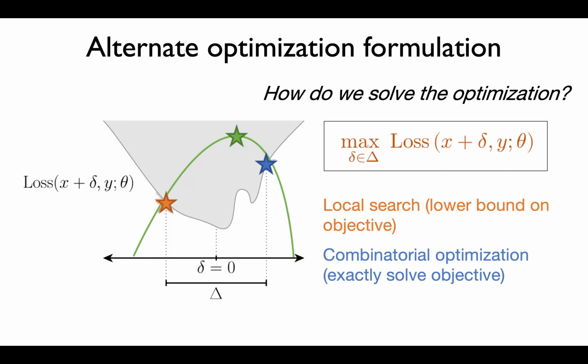The other approach is combinatorial optimization. This will exactly solve the objective, but it will not be possible except on very small data sets. For data sets like MNIST or similar, it might be possible with a lot of computational resources, but such solutions are not possible for large problems.